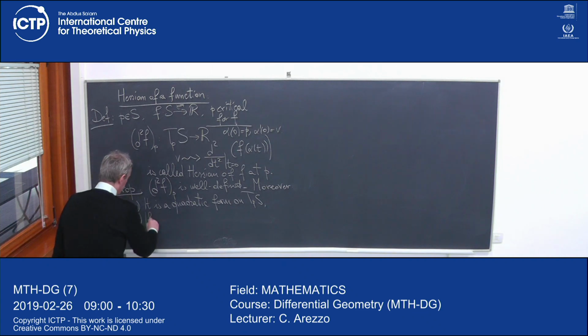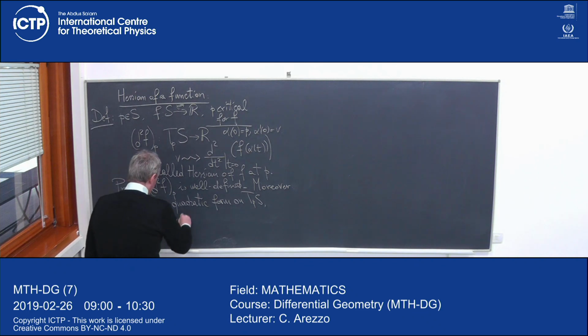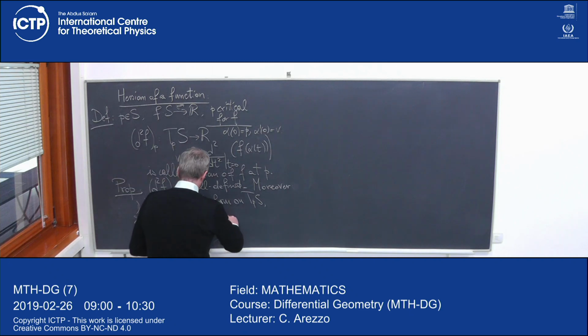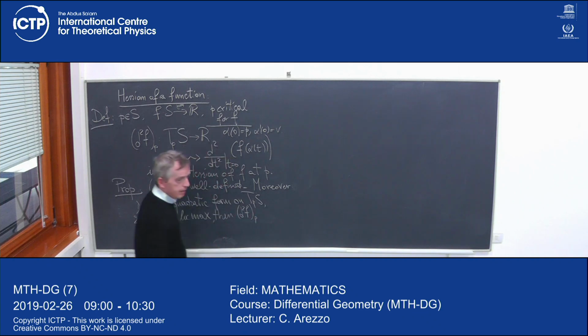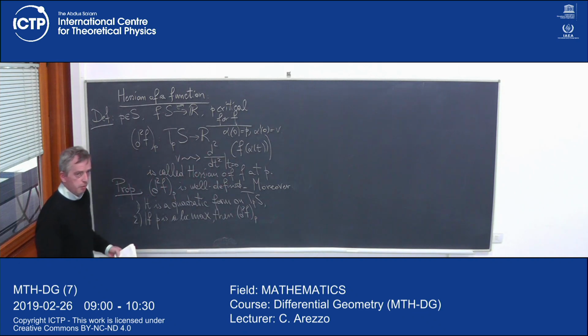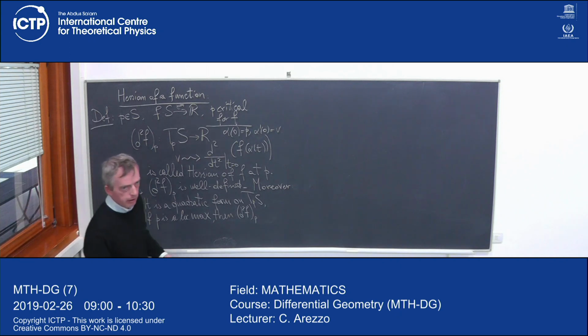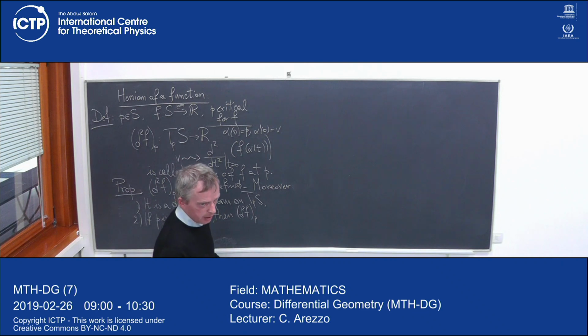If P is a local maximum for f, then the Hessian at the maximum has to be semi-definite negative. Be careful, this is this annoying problem of zero.